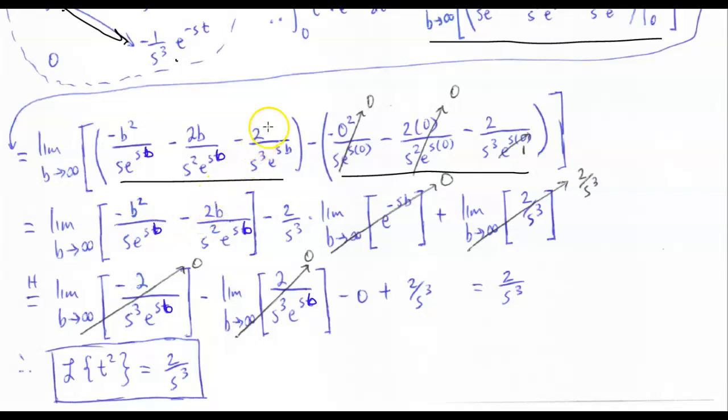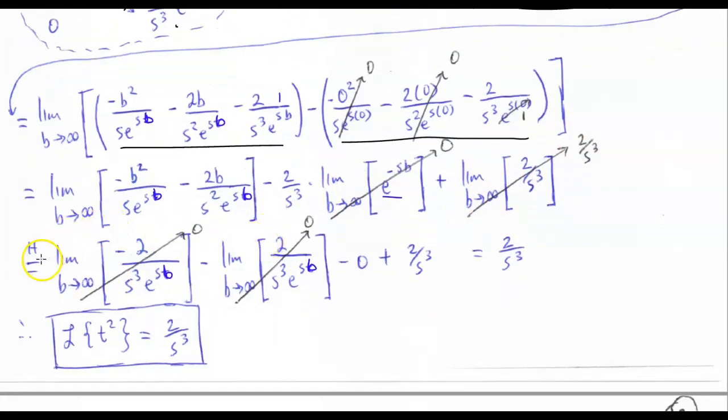Well, we don't have to, but I did it here. For this third term, since we don't have a variable b in the numerator, we can just pull out the constant and look at what is 1 divided by e raised to the b, or put another way, what is e raised to the negative sb, what is the limit of that as b approaches infinity. And of course, we know that any exponential decreasing function goes to 0 as b goes to infinity. And the limit of any constant is just that same constant.